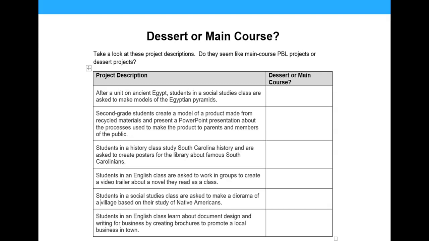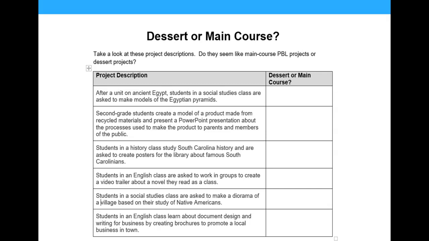The first one is: after a unit on ancient Egypt, students in social studies class are asked to make models of the Egyptian period. Okay, so let's take a look at this chart that you spent a few minutes thinking about. Let's take the very first one and talk about whether or not it is a dessert or a main course project.